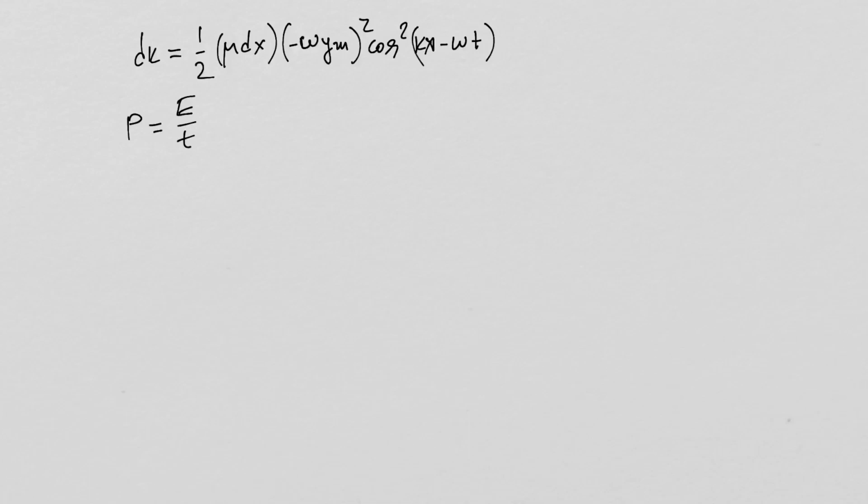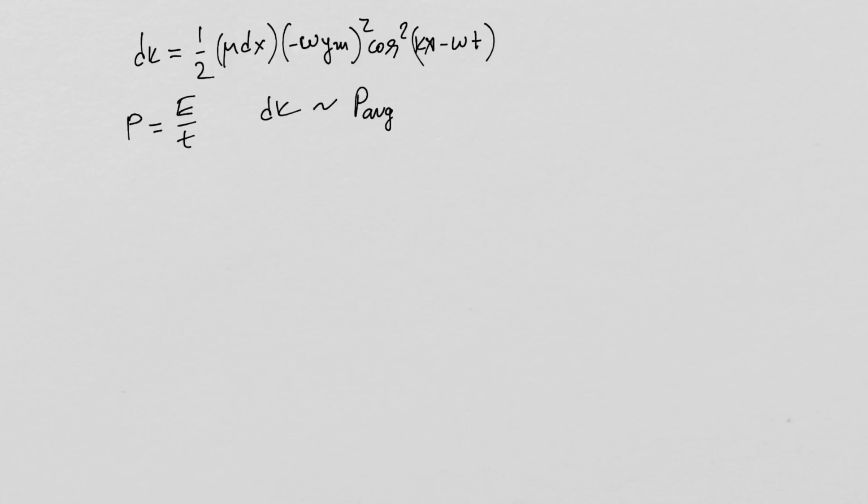So in our case, the energy that's passing through an element of the medium is dK. And so this will be proportional to the average power that's being transmitted through the medium. Now the question is, what exactly is this relationship?